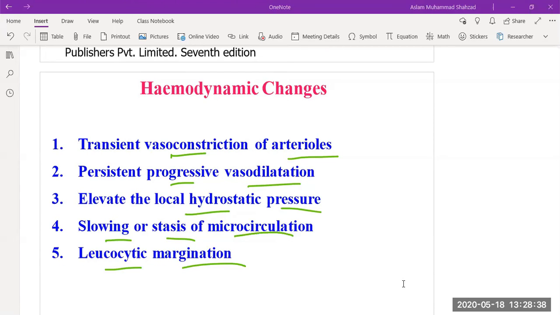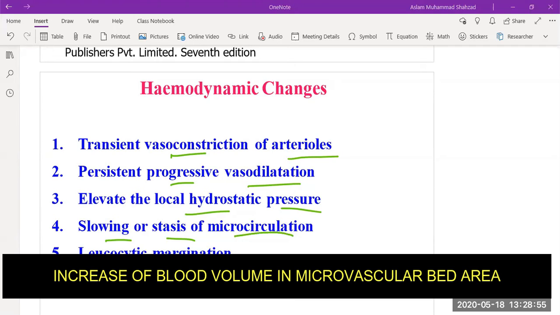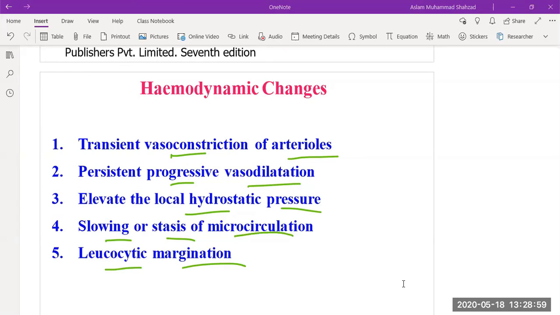If somebody has inflammation on the feet or on the toes or around the neck, why is that certain area red and warm? It is because of the vasodilation effect, which usually involves the arterioles, and because of the increase of the blood volume in the microvascular bed of the area.